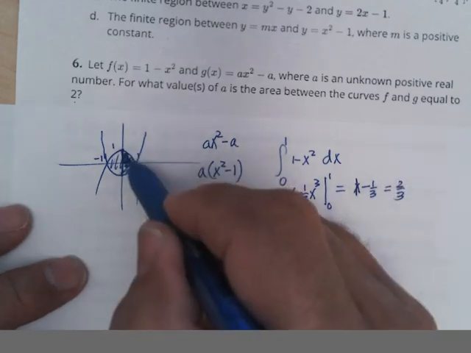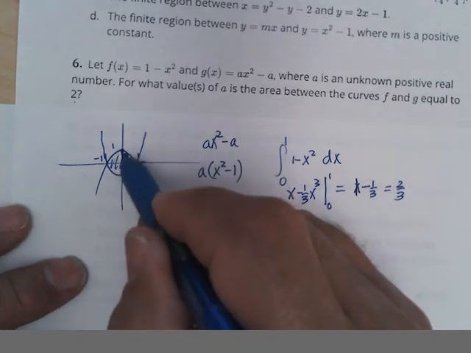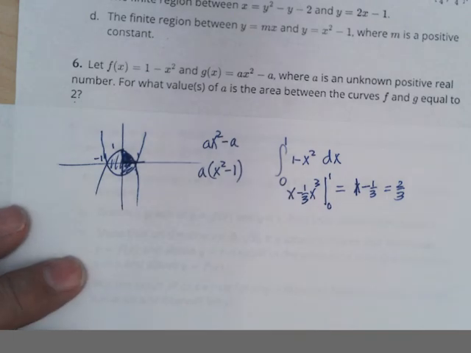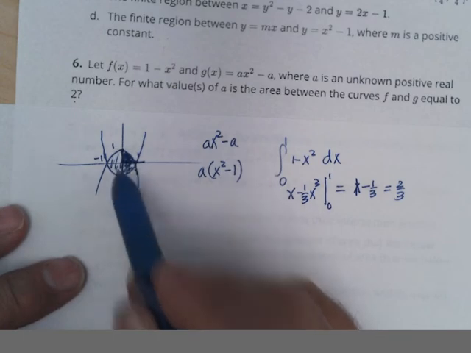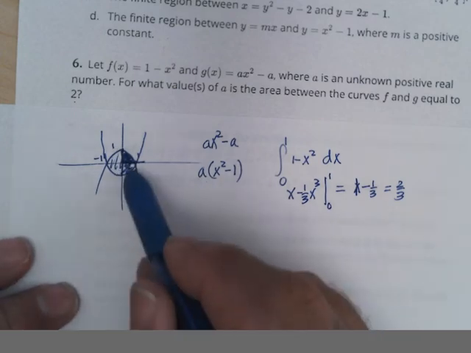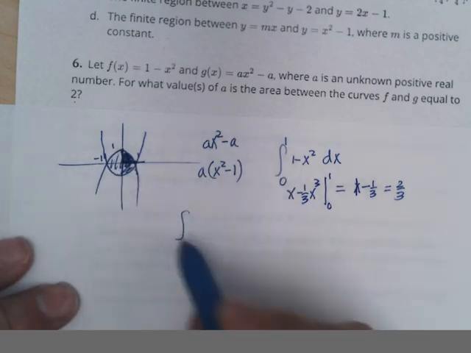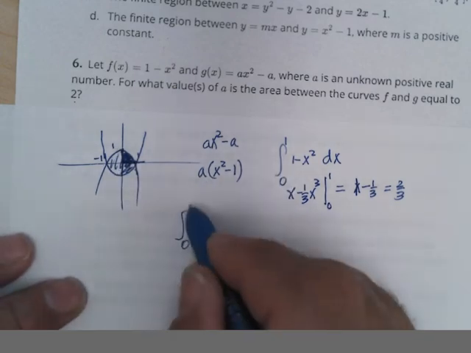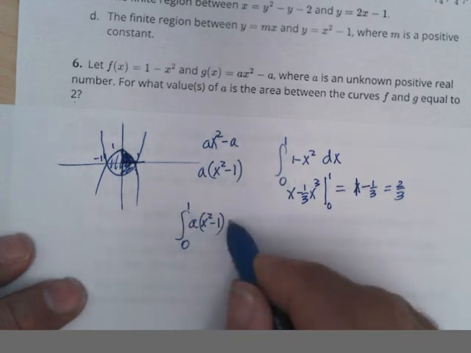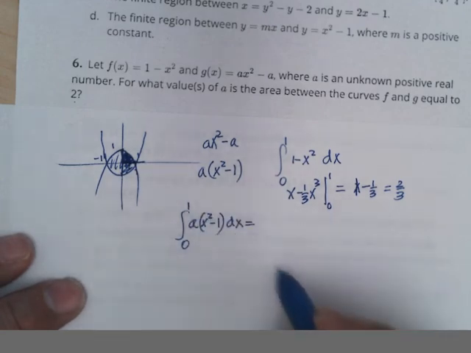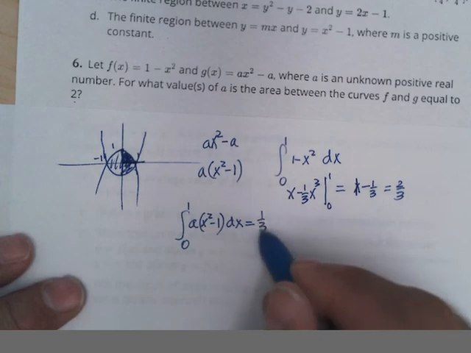This area above the x-axis and in here is 2/3. And this has to be 3/3 or 1, and this would be another one to make the total area 2. So I need to have the integral from 0 to 1 of a times x squared minus 1 dx to be 1/3.